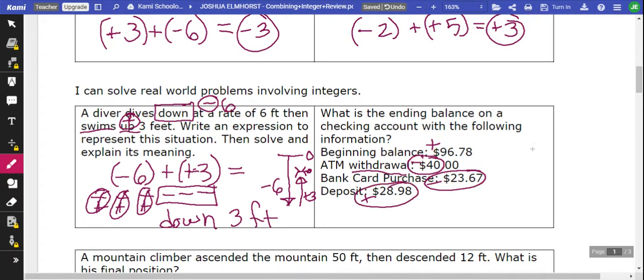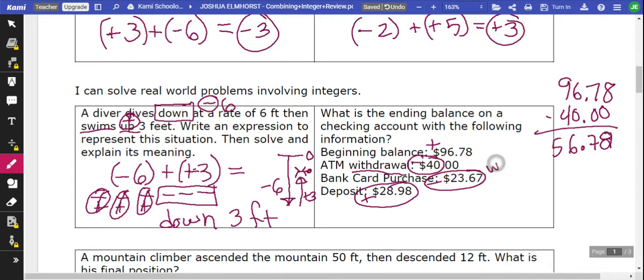Okay, and so we have 96.78. And then the withdrawal means we're taking money out. 8, 7, bring your decimal down. 6, and then 5. Then it says a bank card purchase. Purchase means you're taking money out, so that's a withdrawal. And then you have a deposit where you're putting money in.